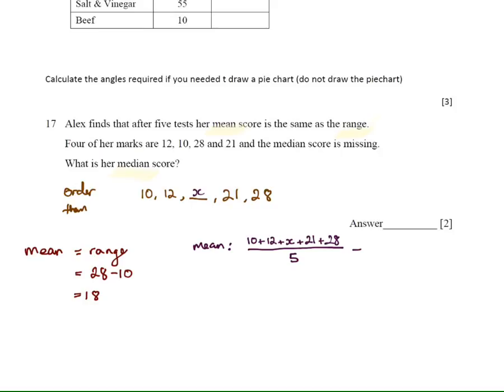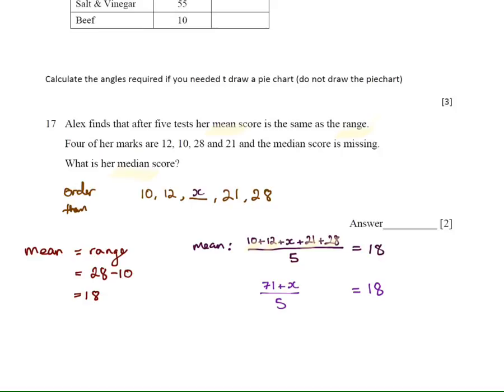Okay, so let's do some simplification. We can add the like terms in the numerator there, the like terms being all the numbers, and if you add the numbers, you get 71 plus x over 5. And I've written there that 71 plus x over 5 is equal to 18, because we know that the mean is 18.